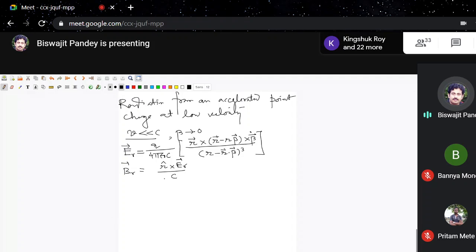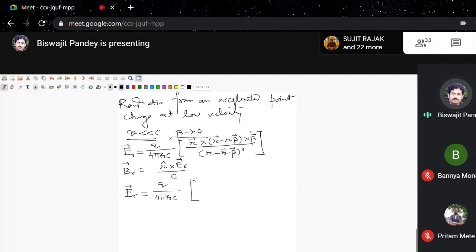Now let us analyze this electric field and calculate the Poynting vector and try to understand the nature of radiation. I mean, how the radiation should look, in which direction it should be emitted, and so on. Okay, so using this approximation that v is much less than c, that is beta tends to 0, we can write down the electric field ER of this moving accelerating point charge to be Q over 4 pi epsilon 0 c.